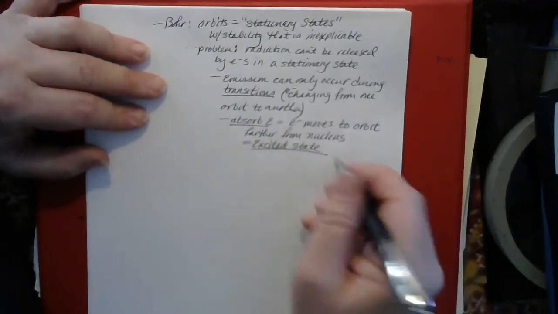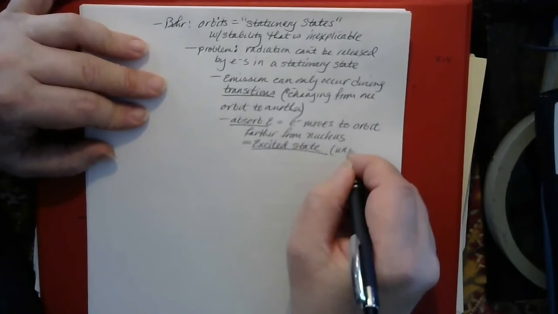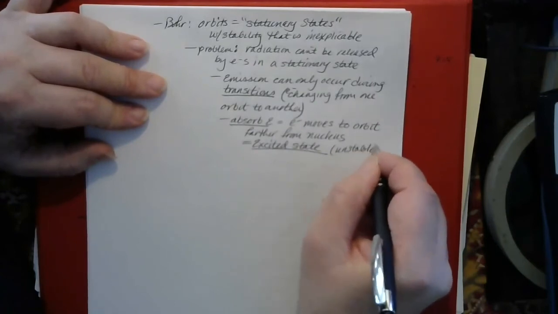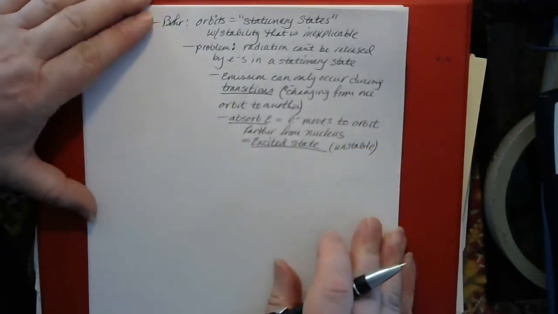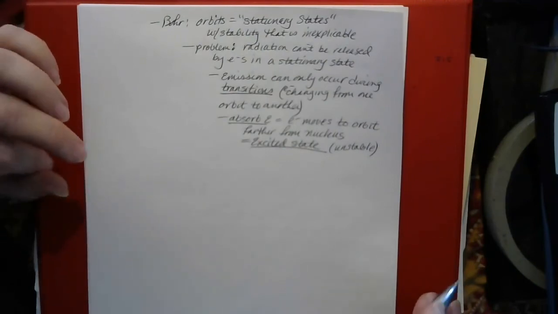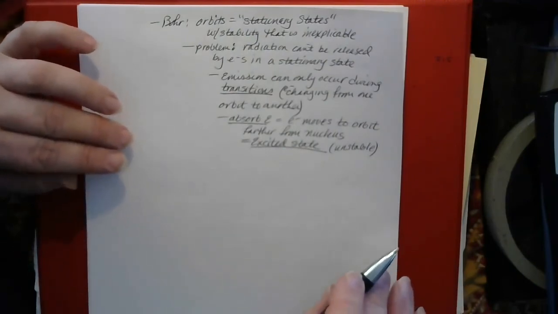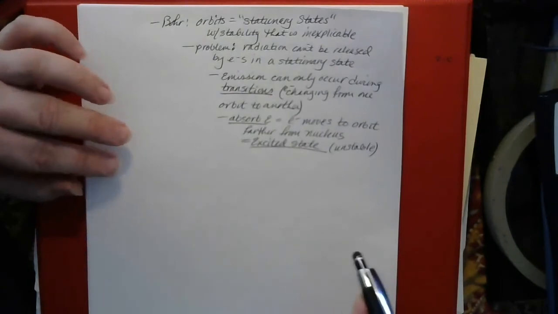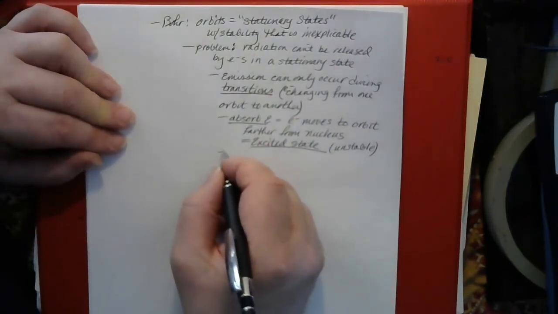This is known as an excited state. It's unstable, as the word excited kind of implies, because when you're really excited, you're kind of unstable. You're jumping all over the place and bouncing off the walls. So that's definitely unstable, and that usually is followed very quickly by an emission of energy.